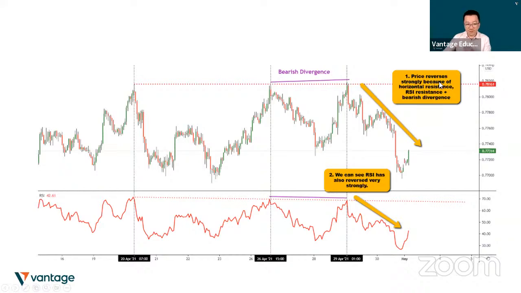So price reversed strongly, with so many factors causing price to turn down: rejecting the horizontal resistance and also the bearish divergence with the RSI, and price pushing down almost towards the next support level. You can also see the RSI has reversed strongly from that overbought region all the way down before a big bounce back up.